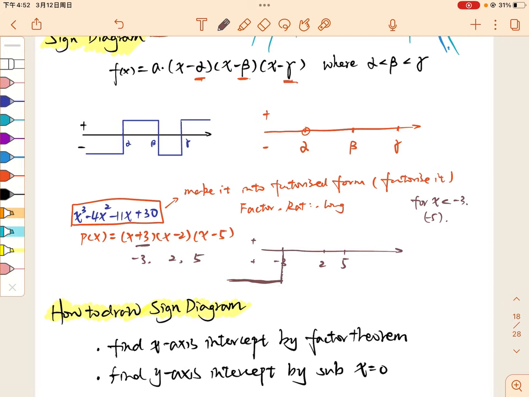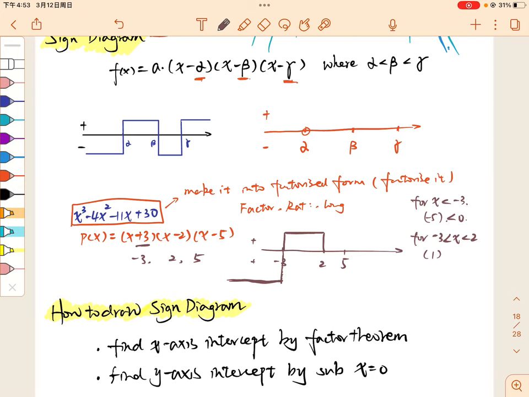And then for x between negative 3 and 2, I might sub in, for example, 1. Okay, (1 plus 3)(1 minus 2)(1 minus 5). That gives me a positive number. So that means between negative 3 and 2, the y value is going to be positive.